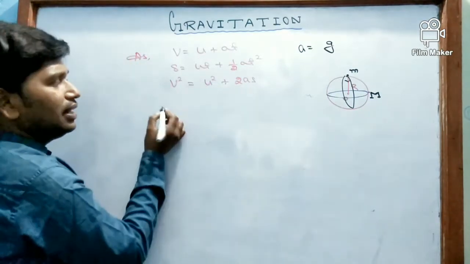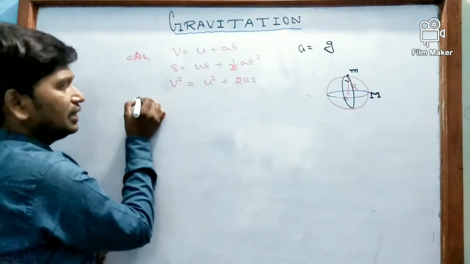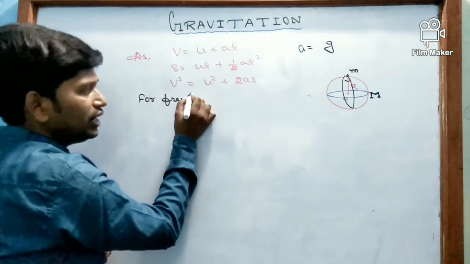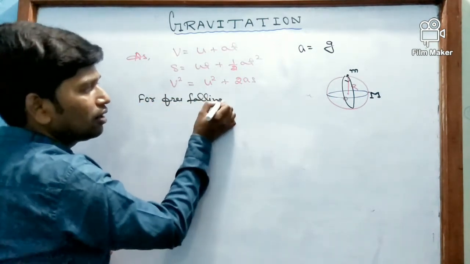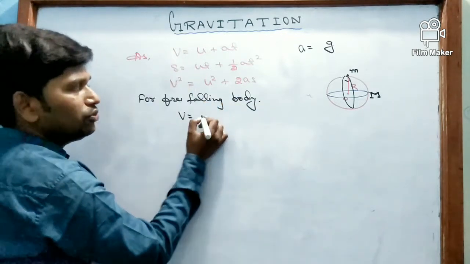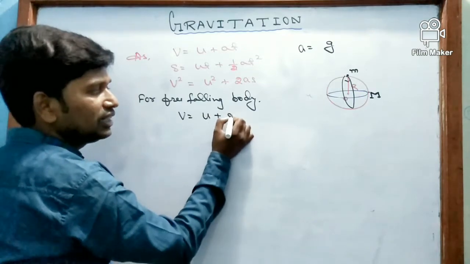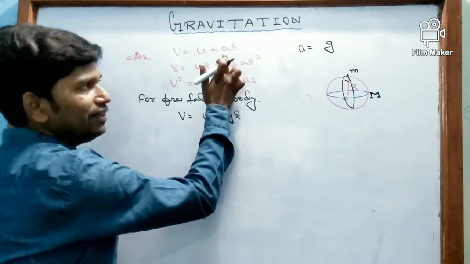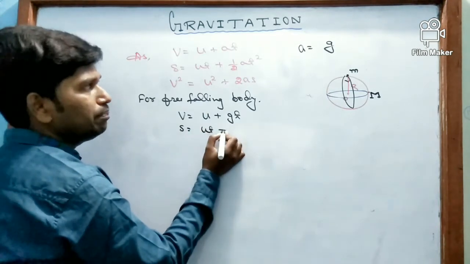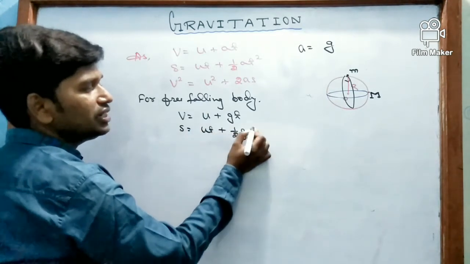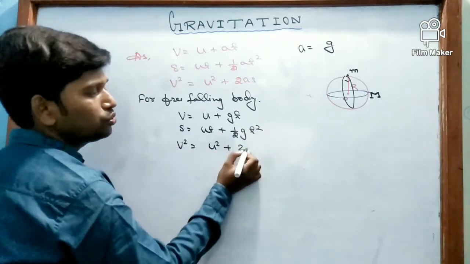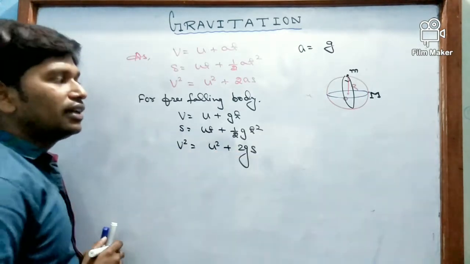So for a freely falling body, we can write v equals u plus gt, so a is replaced by g. s equals ut plus half gt square, v square equals u square plus 2gs.